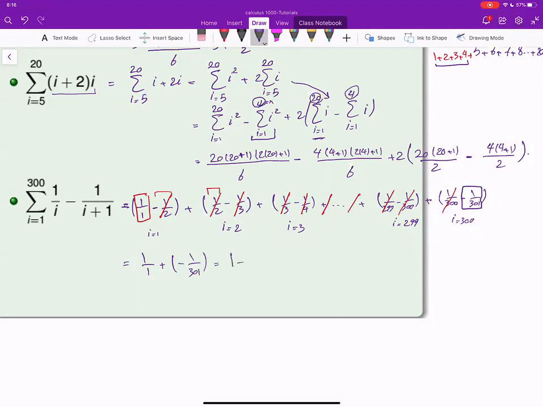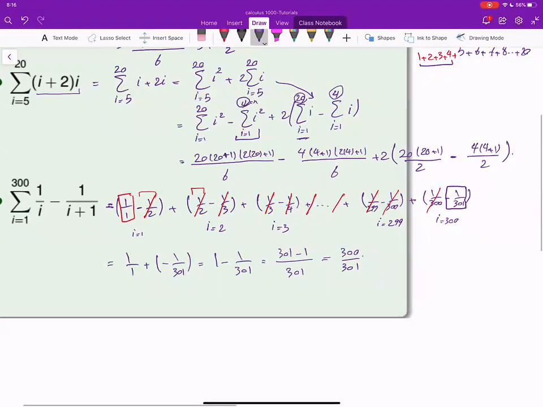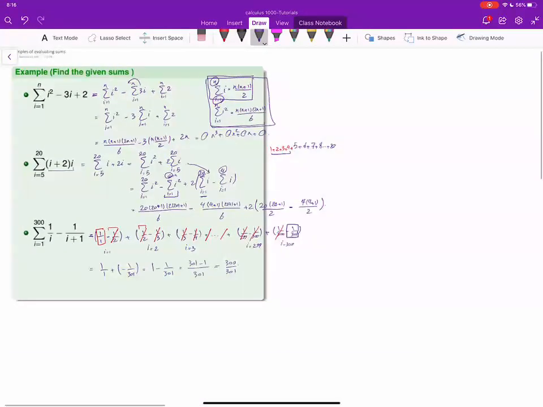So it's 1 minus 1 over 301, and that will give me 301 minus 1 over 301, which is 300 over 301. And that is what we have for these examples that you see here.